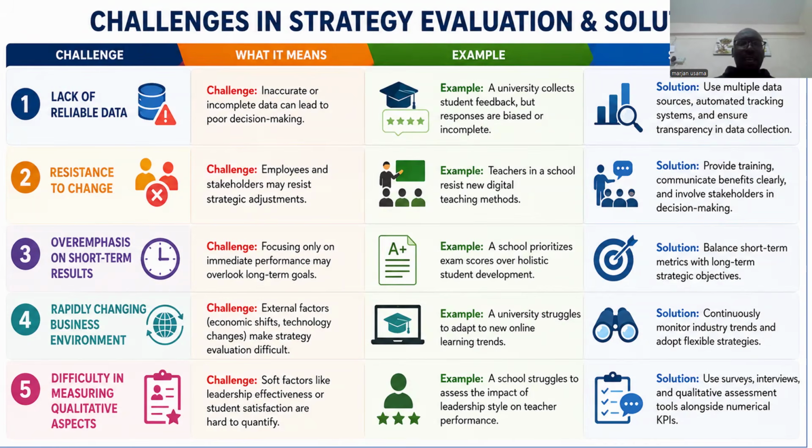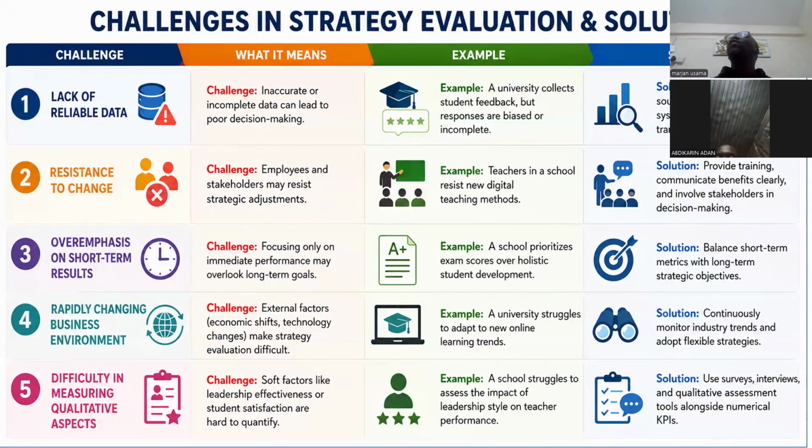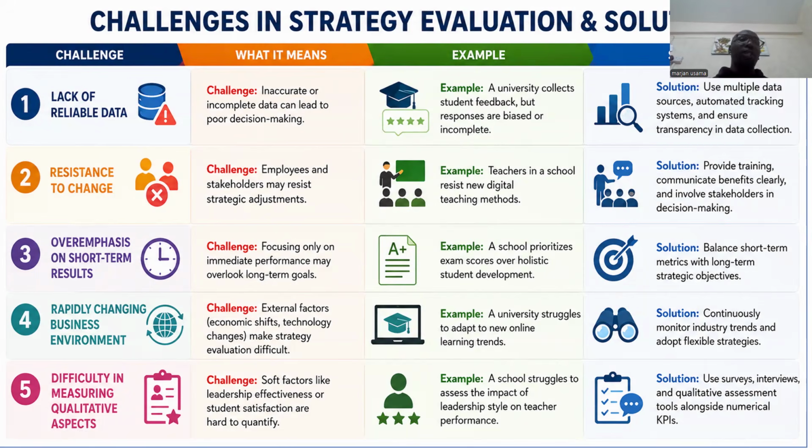While we are evaluating, sometimes there are challenges. What are these challenges, and how can we address these problems? Number 1, lack of reliable data. Sometimes we want to evaluate, but we don't have enough information, or the information is inaccurate. So what should we do? Use multiple data sources. We should have many sources of information.